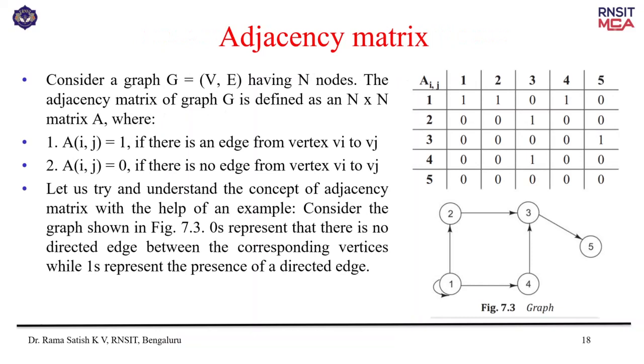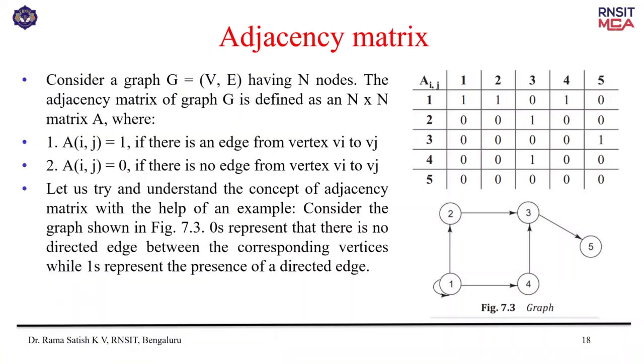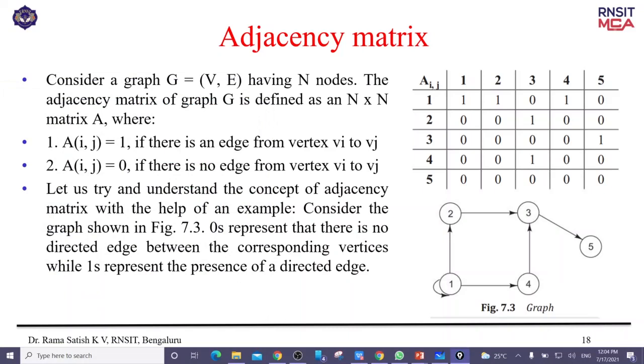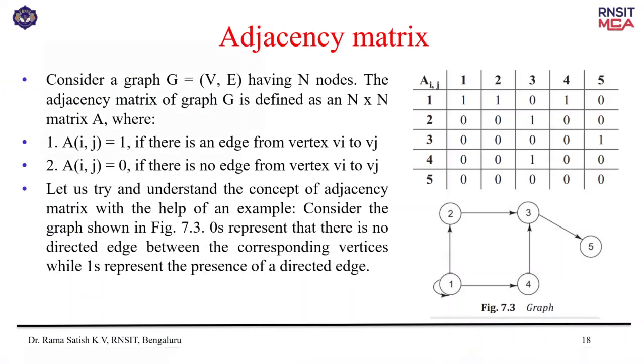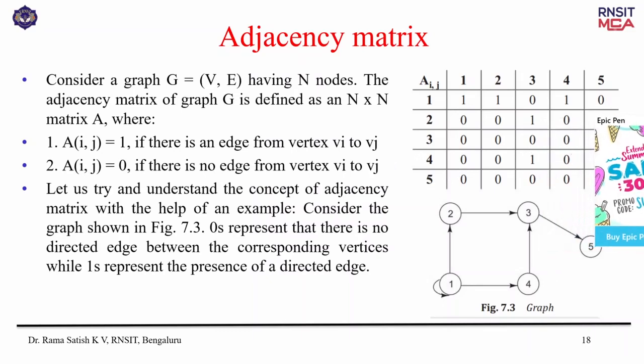What is exactly an adjacency matrix? Yesterday, I told one small example. In that example, I showed what an adjacency matrix is all about. An adjacency matrix is nothing but a matrix that is associated with your graph.